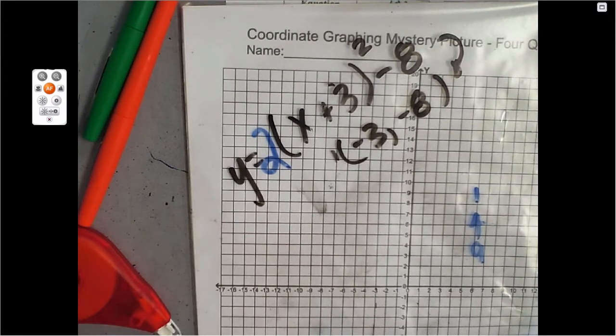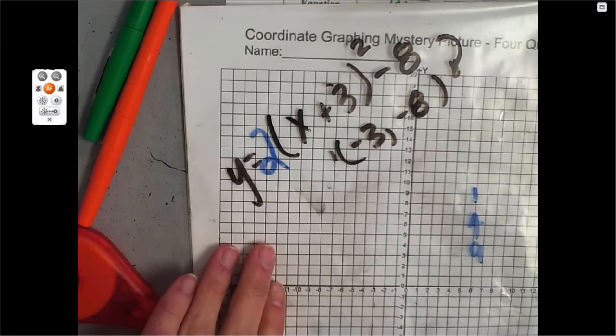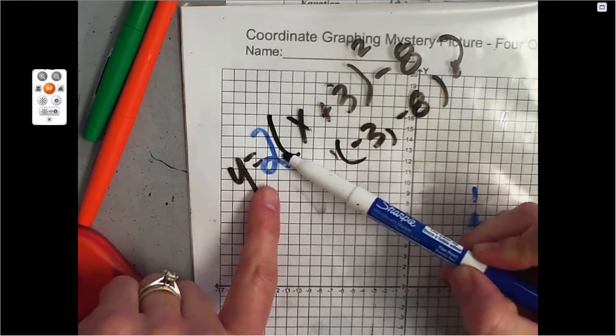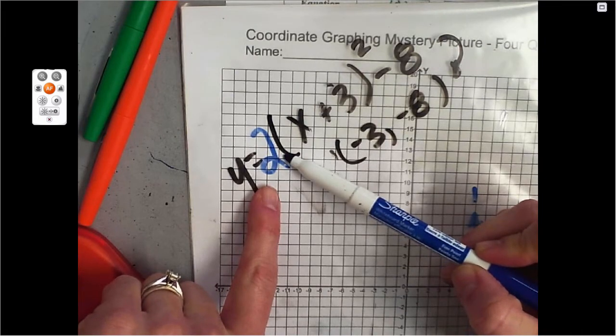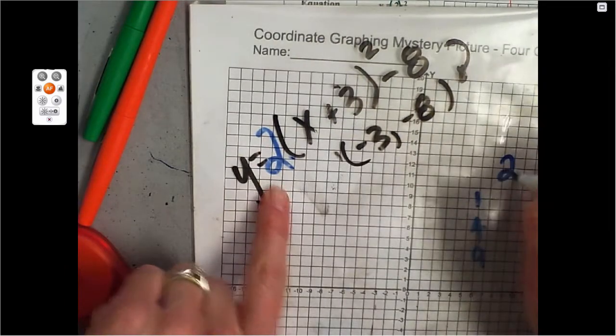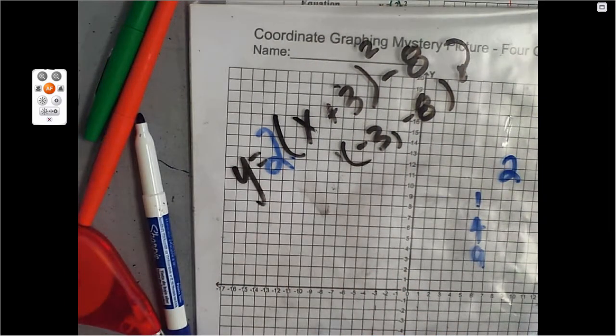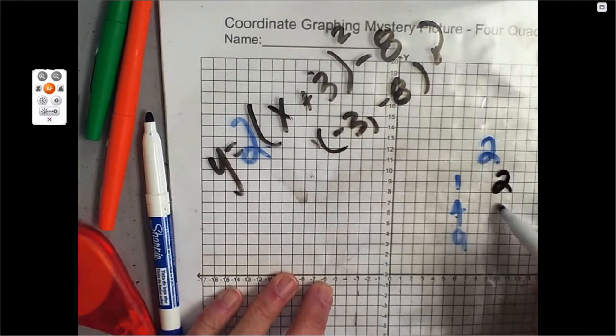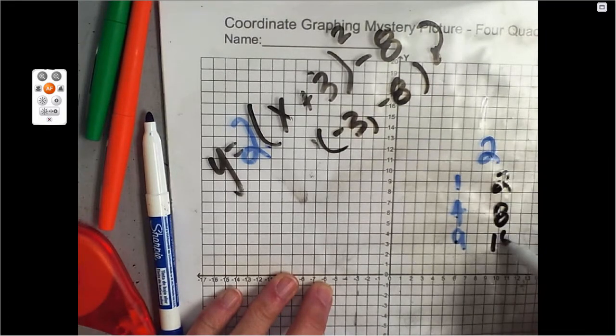Everybody's eyes need to be up here. This is the last change you're going to have in a parabola. The vertex, you find the same. You are not distributing this 2. The vertex is the same. This 2 multiplies the step pattern by 2. So instead of 1, 4, 9, it is 2, 8, 18.